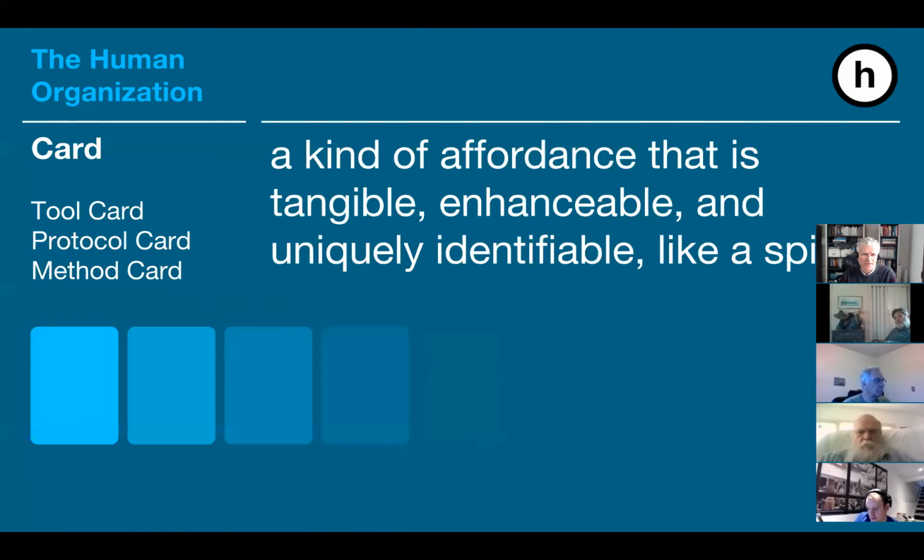Then the next one was the card, right? So different kinds of cards: a tool card, a method card, a protocol card. By tool card, I mean something where you can evoke a certain tool set just by using that card. The example is the Zoom session, right?